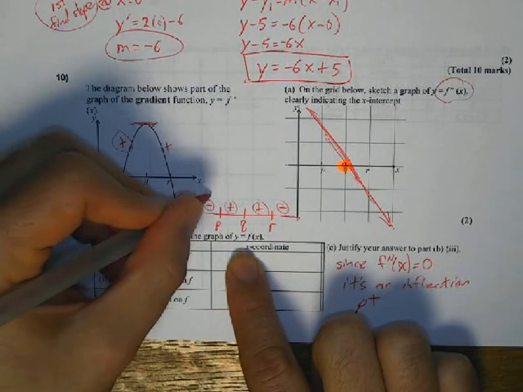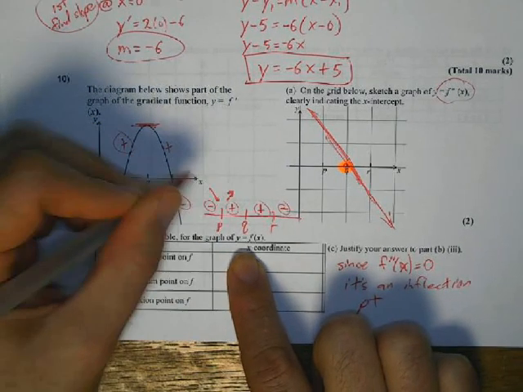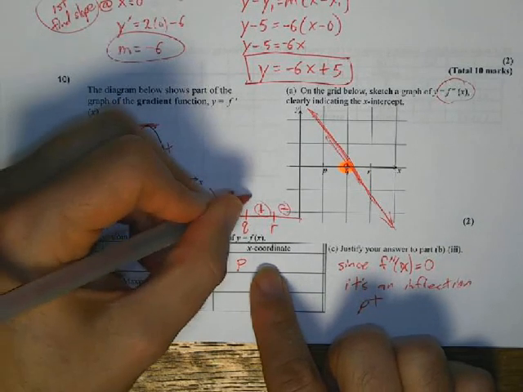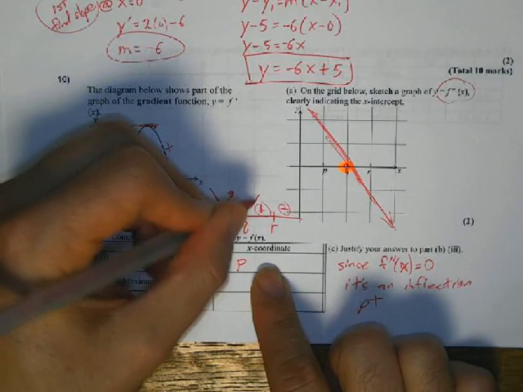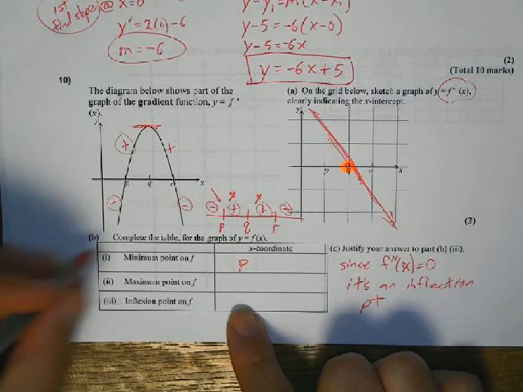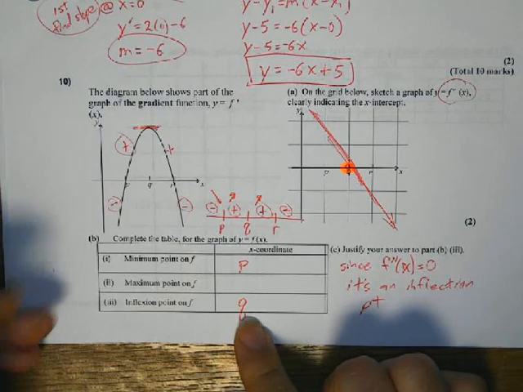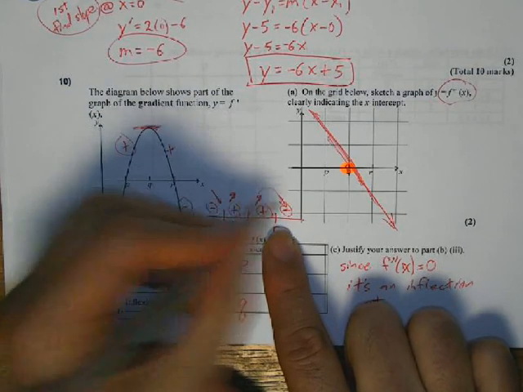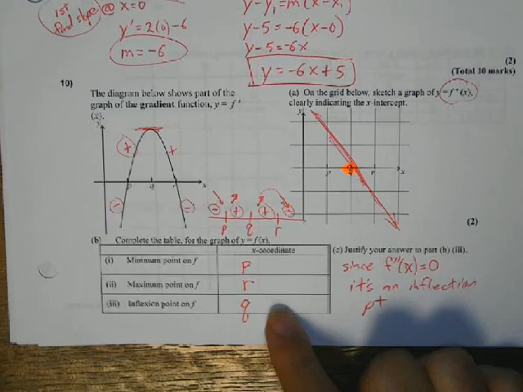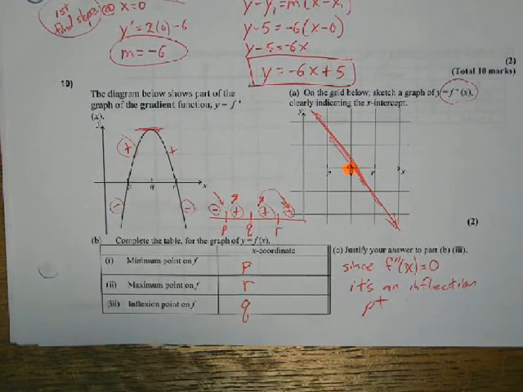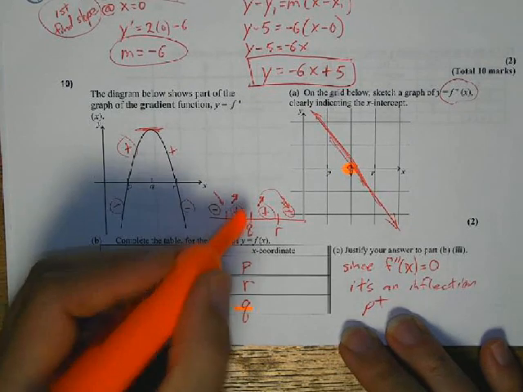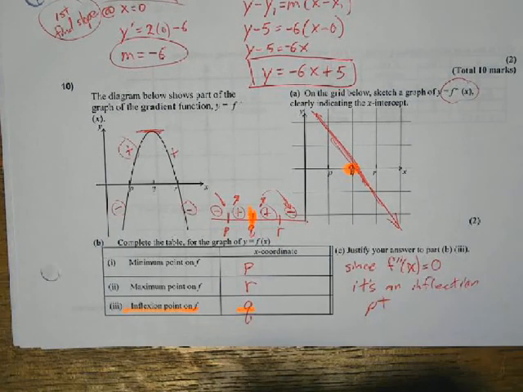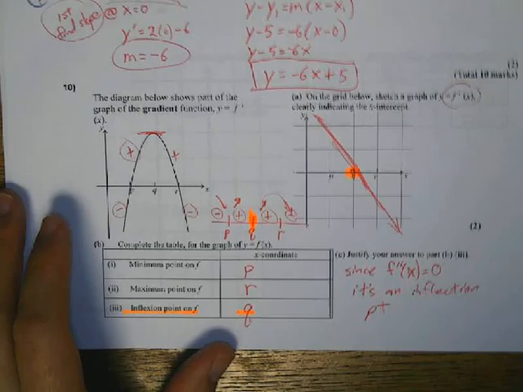If it goes from negative slope to positive slope, we're going to have a minimum at P. If we have a positive slope and still a positive slope, we have an inflection point at Q. If we have a positive slope and then a negative slope, we have a maximum at R. So this inflection point happens when on either side it goes positive and positive.